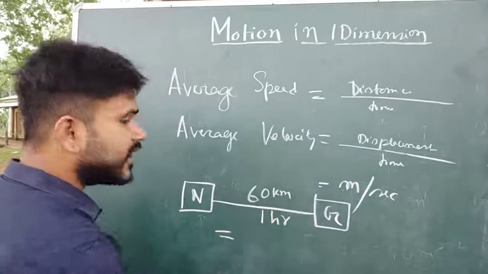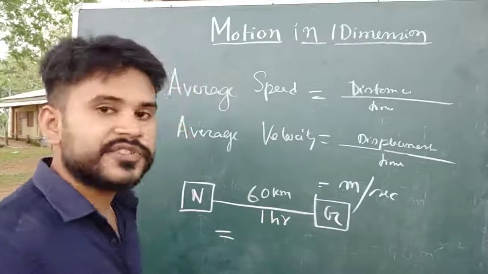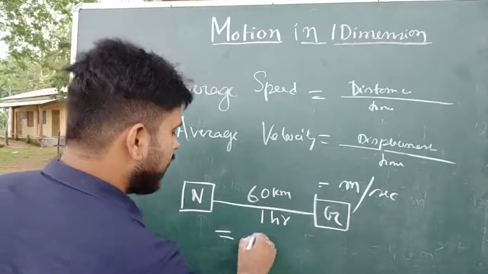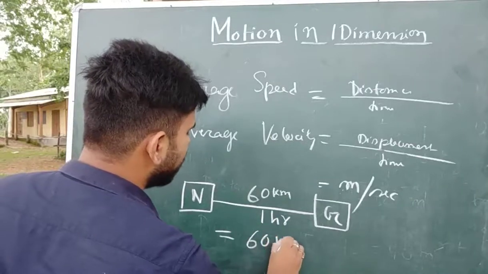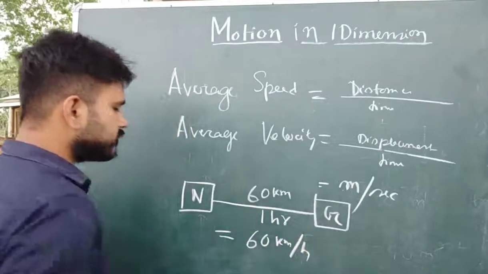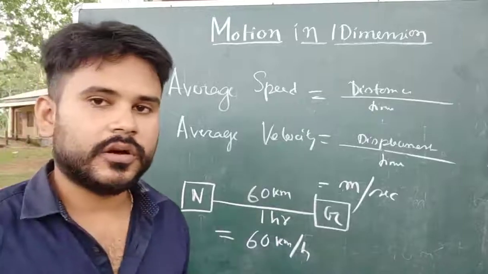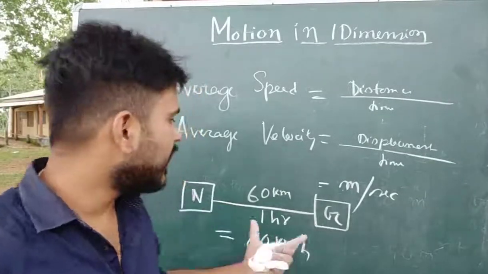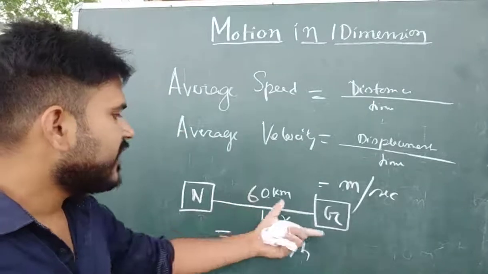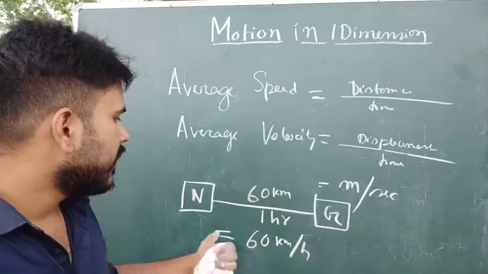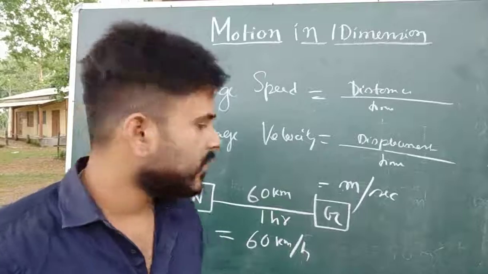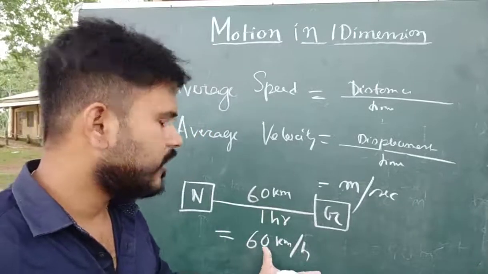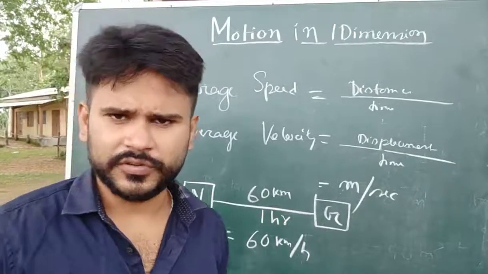Then I have to accelerate and adjust the speed of my bike to 60 km per hour. If I keep my bike at the 60 mark, then I reach Guwahati from Nalbari in 1 hour. So this is basically the speed, or you can say velocity also.